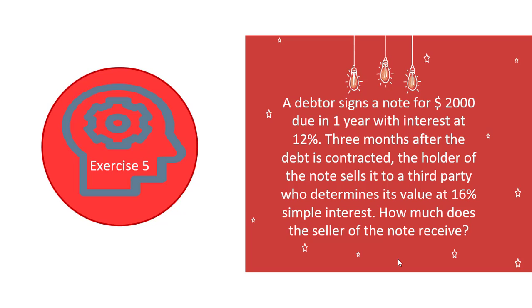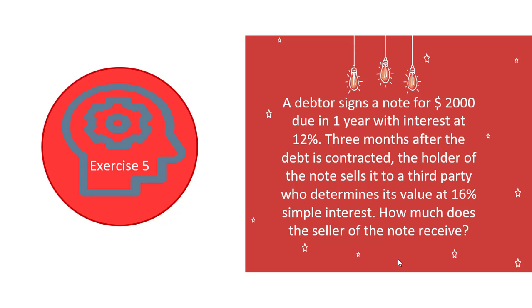We know that for the note there are 3 dates. The first date is called date of note. It is the date when the debitor signs a note, called again date of note. The second date is the maturity date for the note.